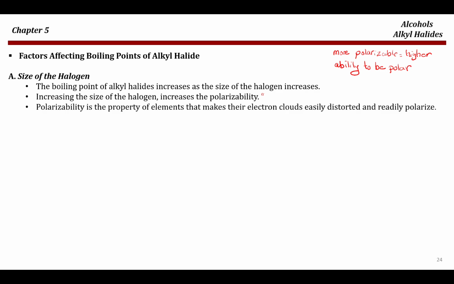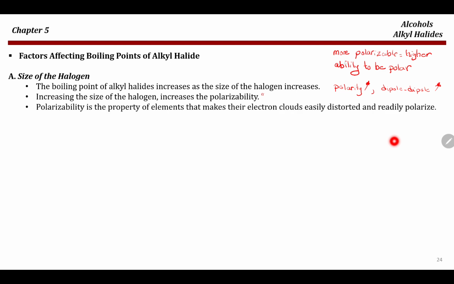So a more polarizable element is an element that has a higher ability to form polar bonds. As the size of the halogen increases, the ability of the compound to become a polar compound will increase. And so the polarity of the compound will increase, and this means that the dipole-dipole interaction which exists between polar molecules will be stronger, and that's why the boiling point increases.